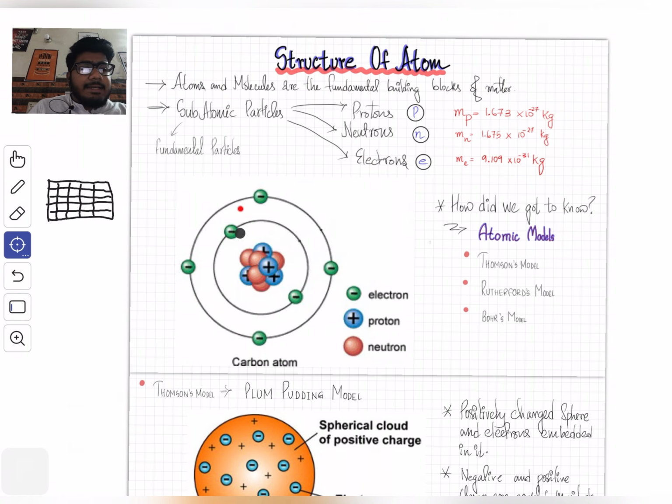So with this diagram we can see that the electrons are revolving around the nucleus. The nucleus has neutrons and protons in it. So how did we get to know about this model of atom? Through the models which were given by different scientists in the late 19th century and so on.